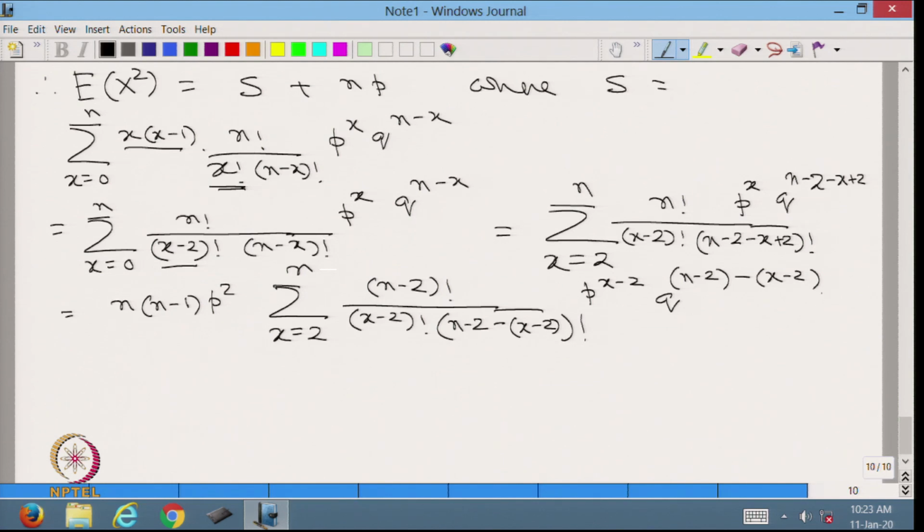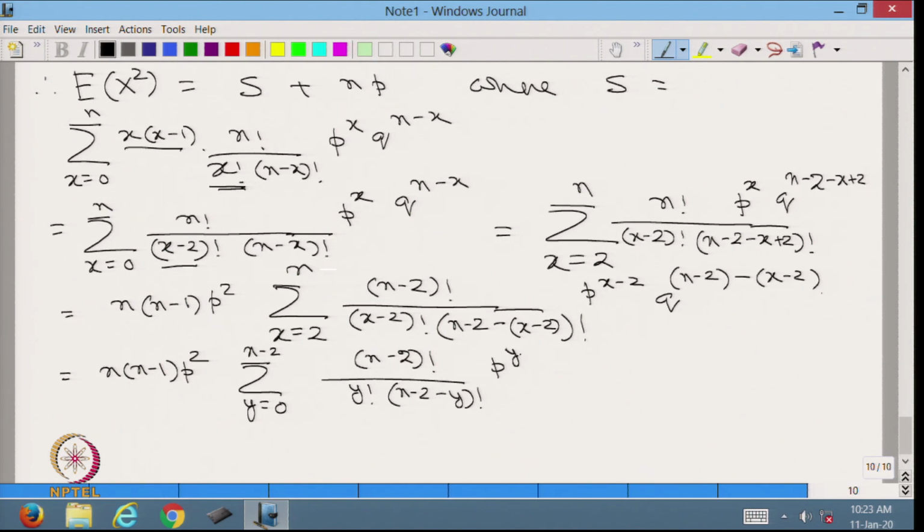A small change of variable will make it sigma y equals 0 to n minus 2 of (n minus 2) factorial upon y factorial (n minus 2 minus y) factorial, p to the power y q to the power n minus 2 minus y.